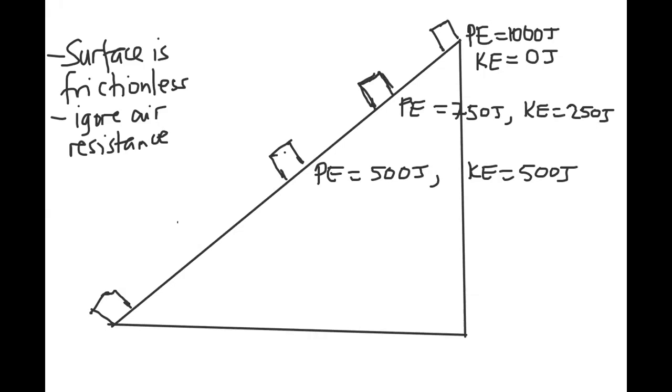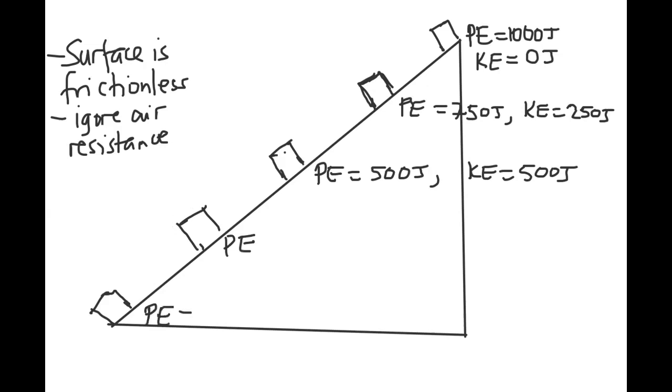Now what about here, midway between this position and this position? What will be the kinetic and potential energy here? Well, it might be nice to first deal with this position.